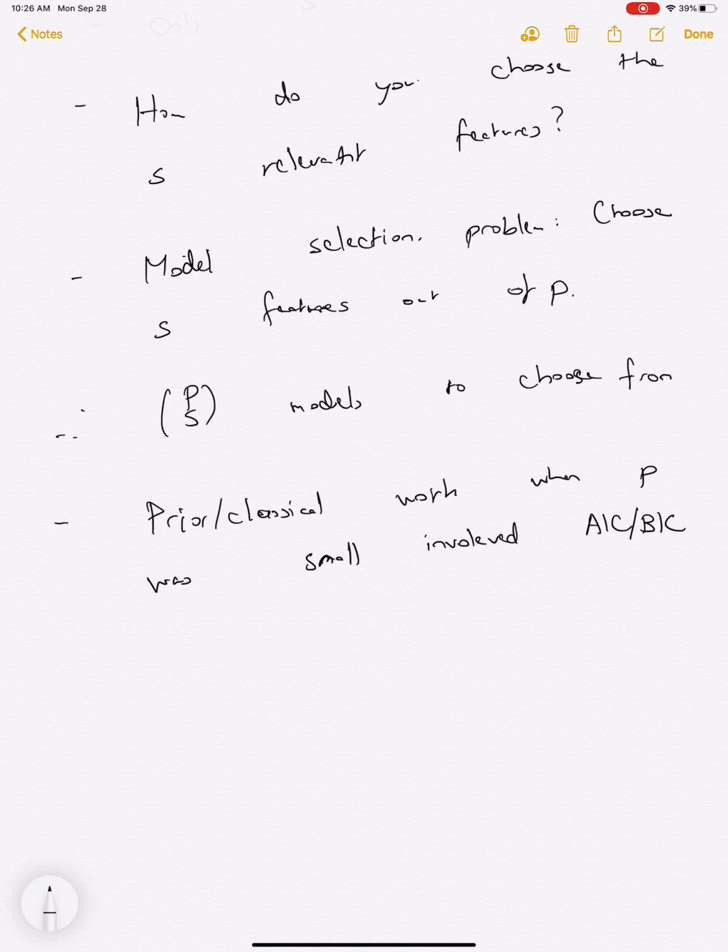So this is the Akaike information criterion and the Bayesian information criterion, and they work pretty well.